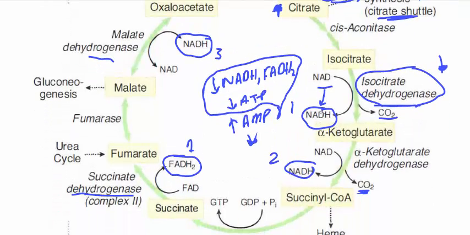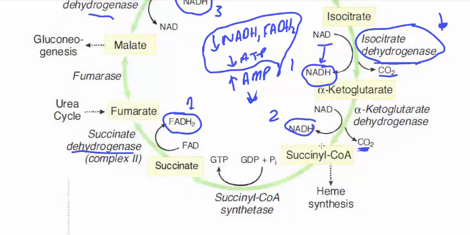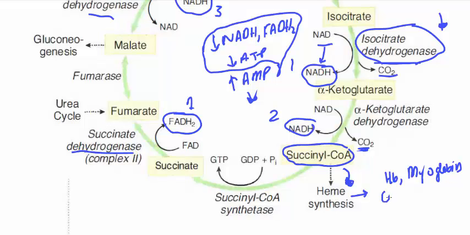All right. Another important point is that this succinyl CoA, which is produced in the Krebs cycle, is important for making heme. Heme is not only important for hemoglobin and myoglobin, but it is also important for making cytochromes. And cytochromes are very important in the electron transport chain as well as in liver metabolism.